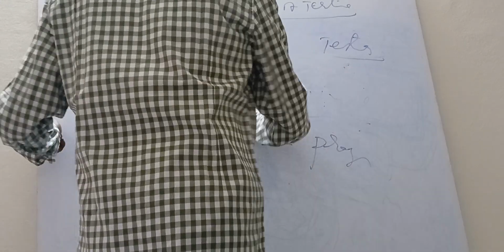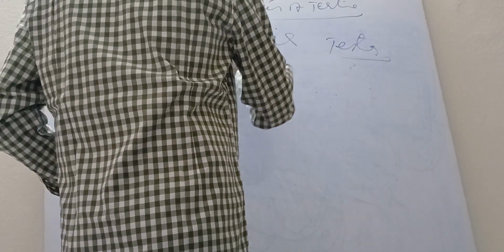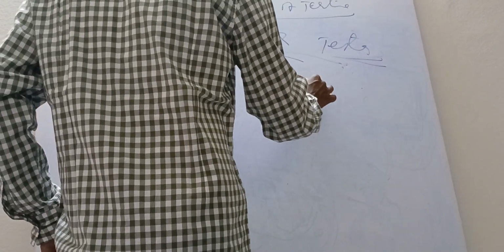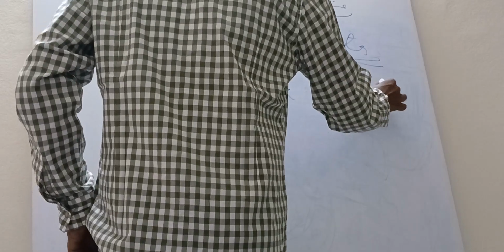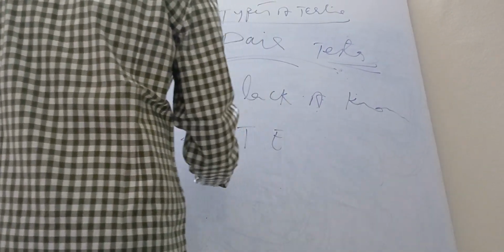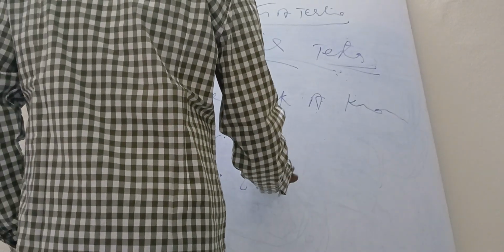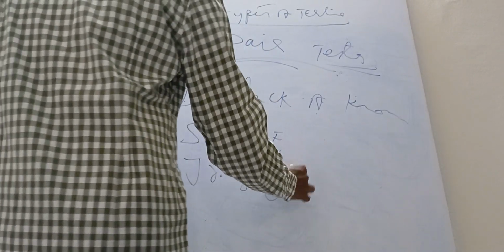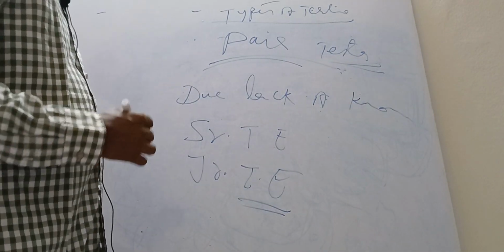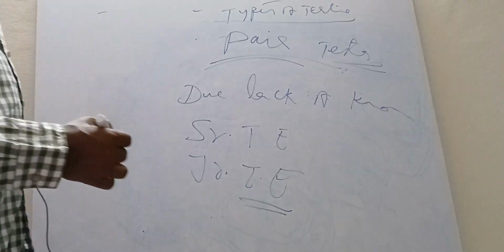And one more is pair testing. Due to lack of knowledge, meaning they don't have knowledge of it, a senior test engineer is grouped with a junior test engineer to share the knowledge, and they try to test the application.